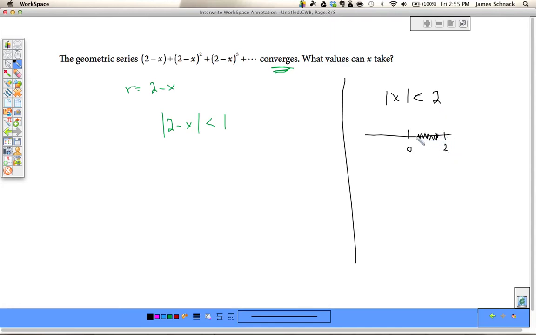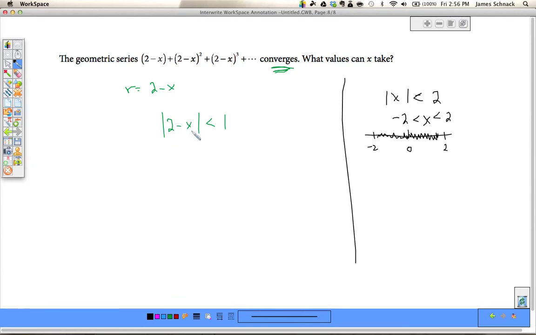Any number in here will have a distance less than 2 from 0. But any number down here also would have a distance of 2 or less from 0. So that means x could be between 2 and negative 2, excuse me. We're going to use that same idea here.